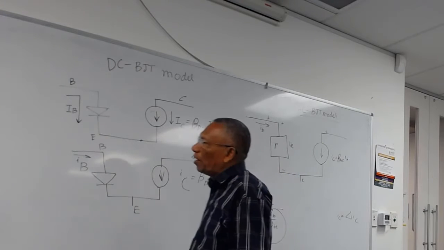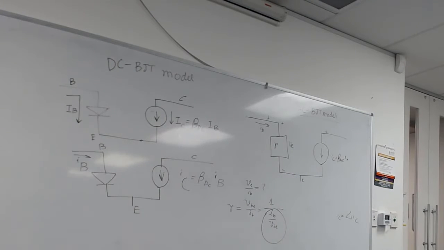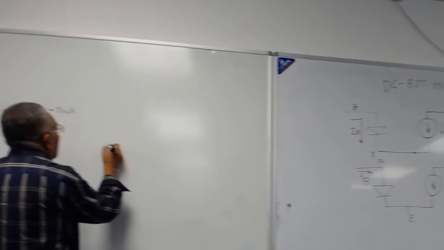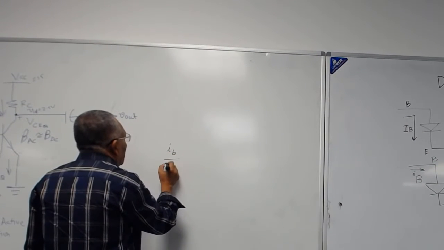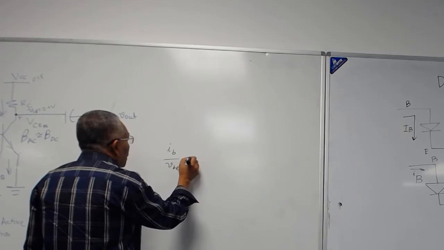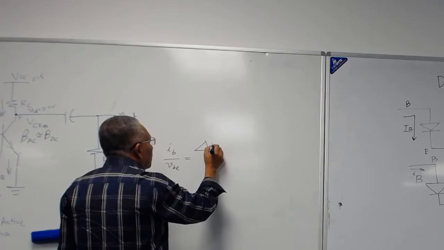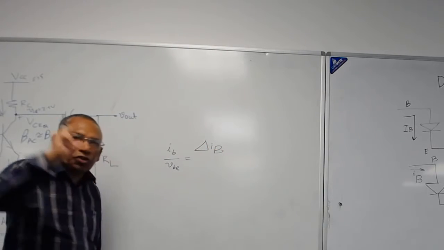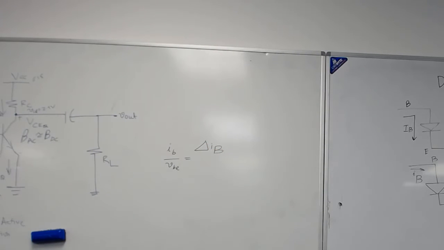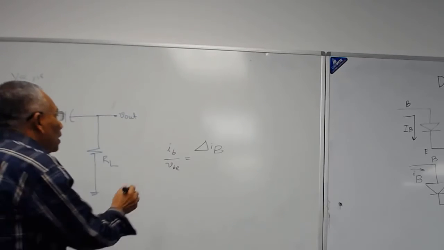So now we look at IB by VB. We just erase this here and do that here. IB divided by VB, this is all small signal, equal to delta IB, the change in the composite base current, and what is VB?